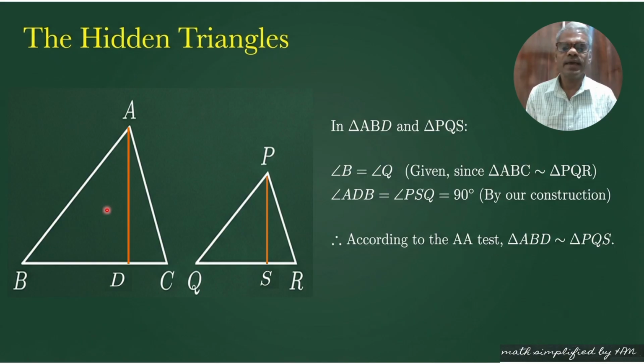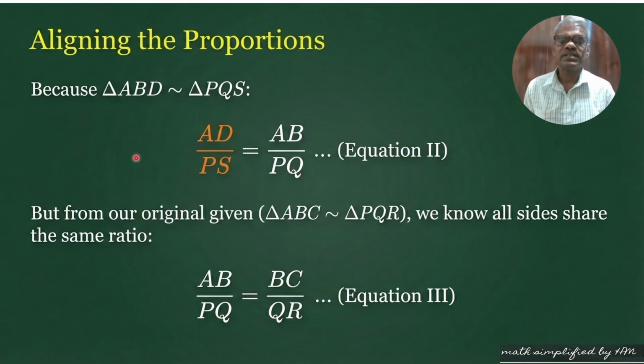Angle ADB is equal to angle PSQ is equal to 90 degrees by our construction. Therefore, according to the AA test, triangle ABD is similar to triangle PQS.